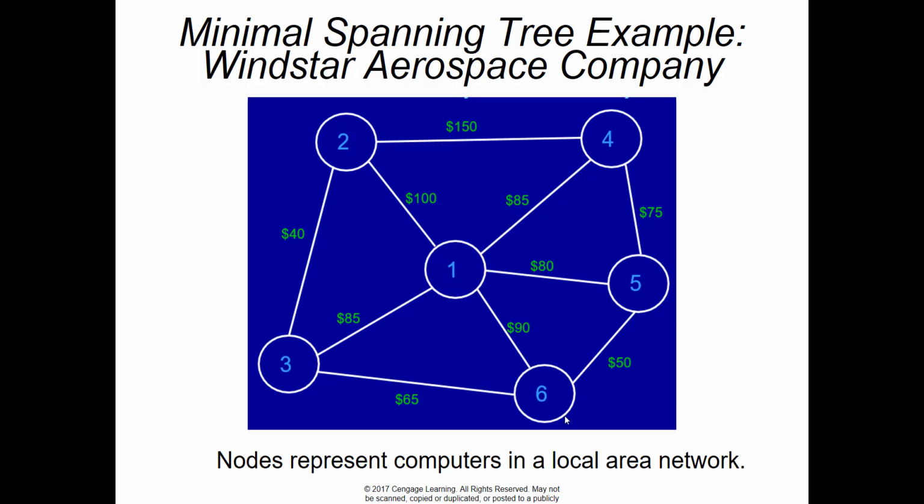Then we select all the arcs that nodes 2, 3 and 6 have in the system. So let's say we have 6-5, 6-1, 3-1, 2-1 and 2-4. Across all of these, 50 is the minimum one.